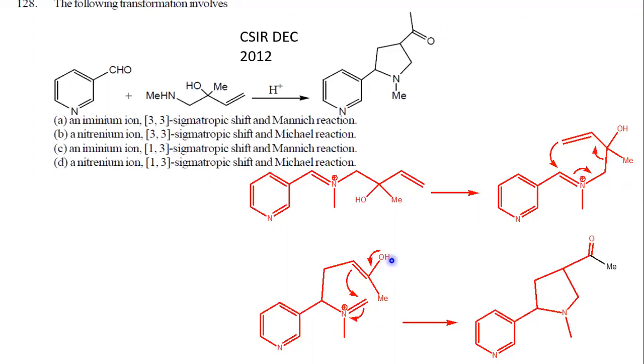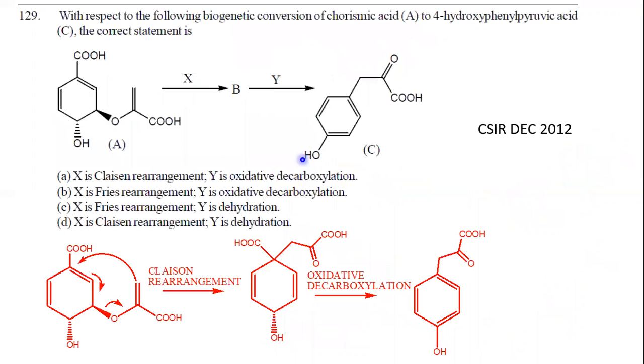So this lone pair of electrons present on oxygen would come onto this bond and make a double bond, and these pi electrons through this carbon make a bond with this carbon, and these pi electrons will go onto nitrogen and make it neutral and give this final product. So the series of reactions that one should follow to get this product from these two substrates is iminium ion formation, a 3,3 sigmatropic rearrangement reaction, and the Mannich reaction.